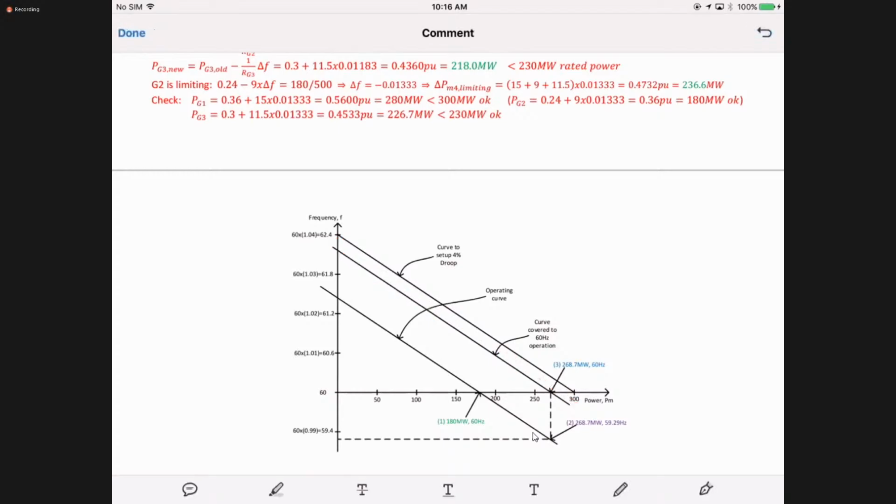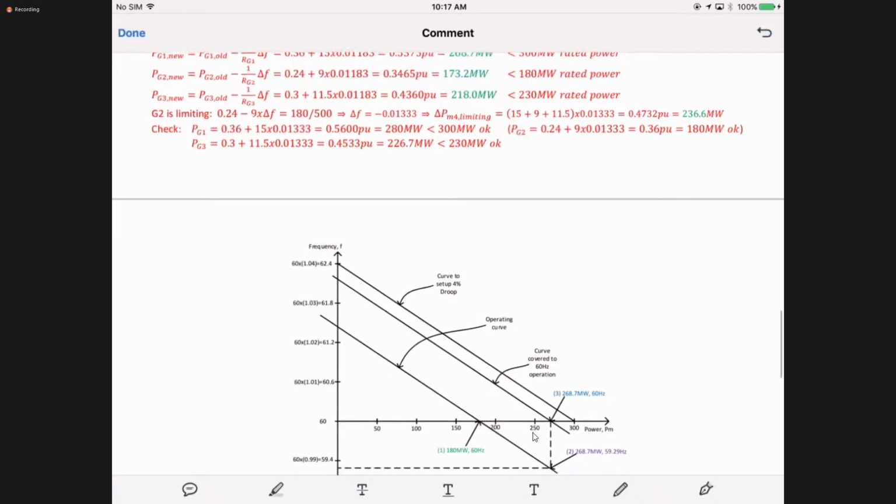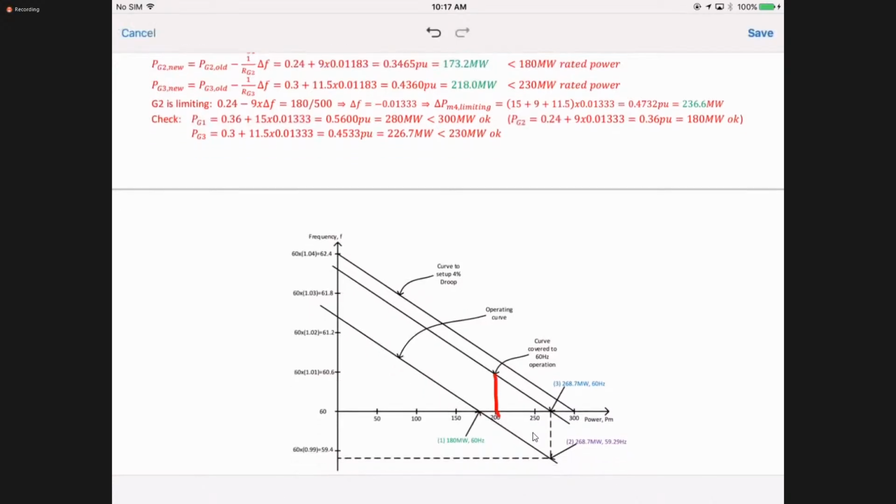If the load is reduced, say it reduces to 200 in the new one, now the system is operating at a higher frequency. This is higher than 60 hertz.